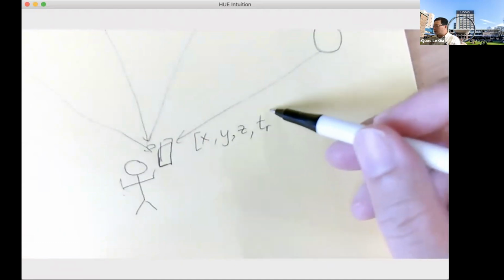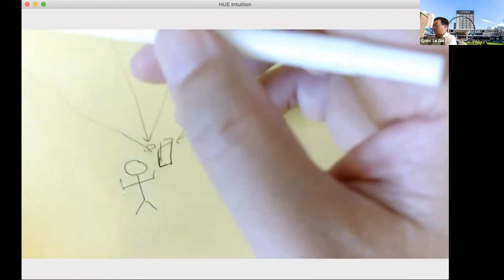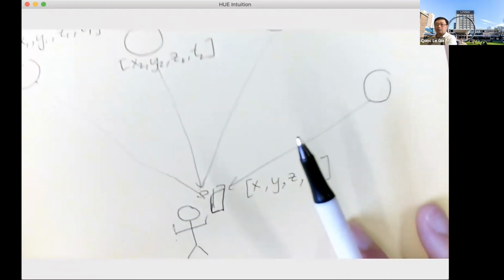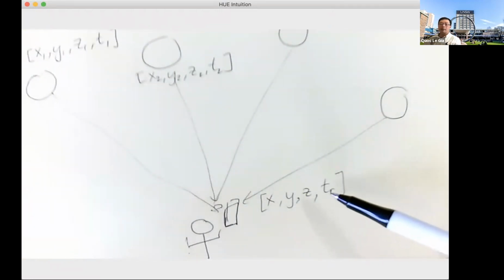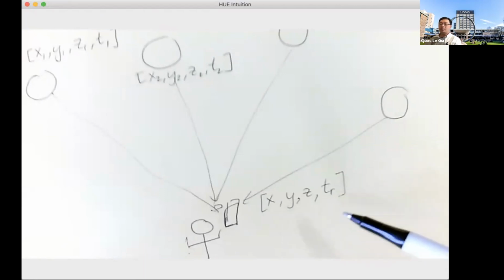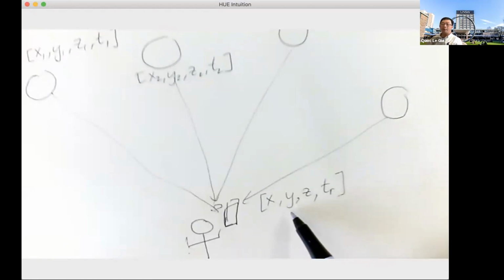So it took 5 seconds to travel from the satellite to your phone. But then there's a delay that depends on your iPhone as well. So it's unique, and so it's unknown. So you have 4 unknowns. Now how do we find those 4 unknowns? When you have the coordinates, you just look up the maps, and it gives you the position of your phone on the map, which will be your location.